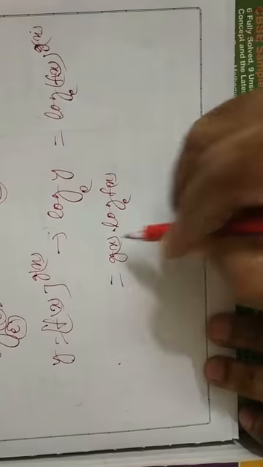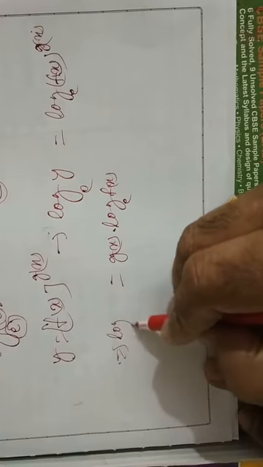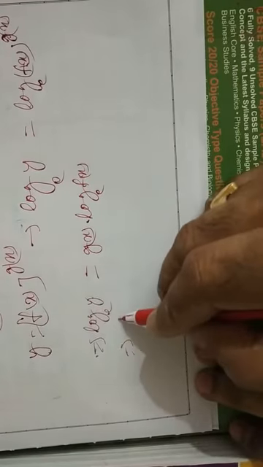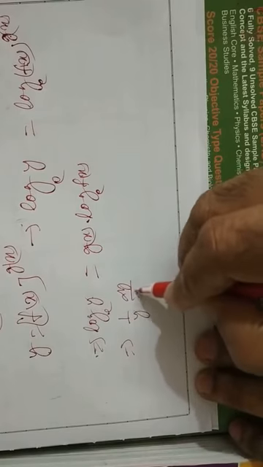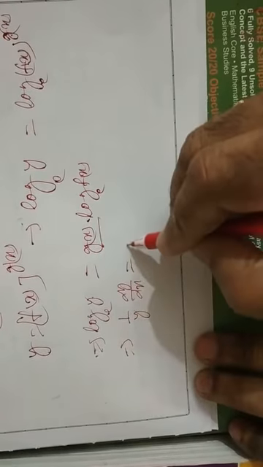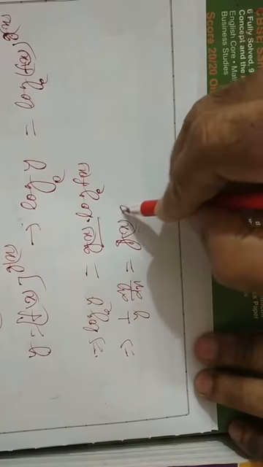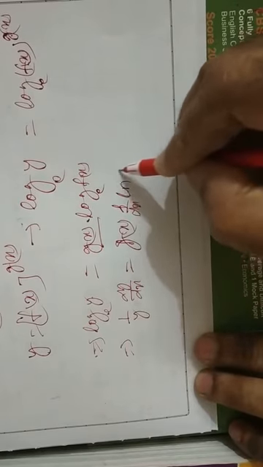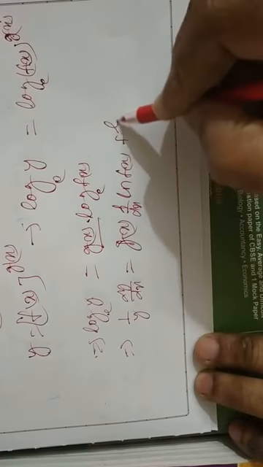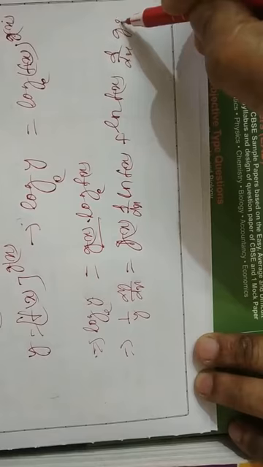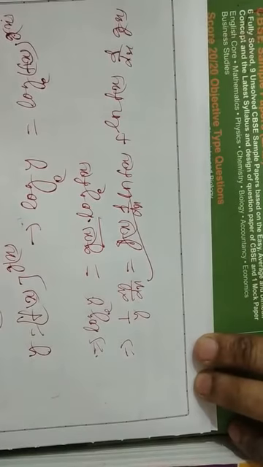This becomes a product. Now, if I want to differentiate this, then what will happen? Log y derivative: 1 by y dy by dx. First into derivative of second, g(x) into d by dx of log f(x), plus log f(x) into d by dx of g(x). I can get dy by dx from this.